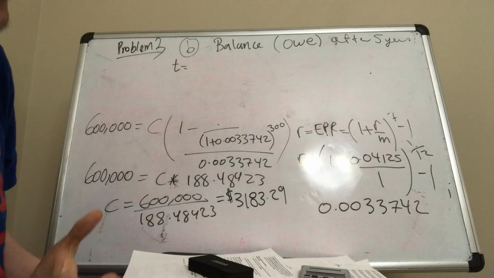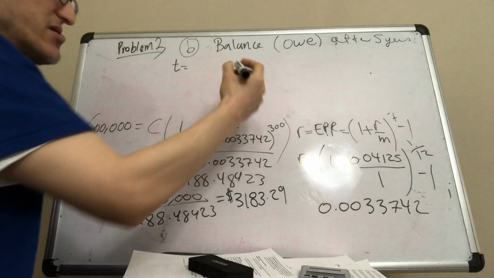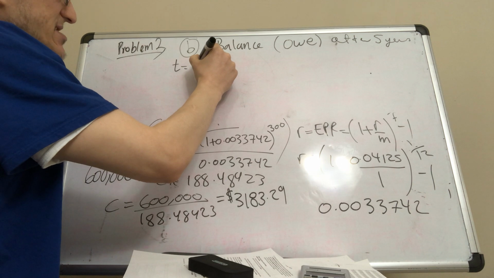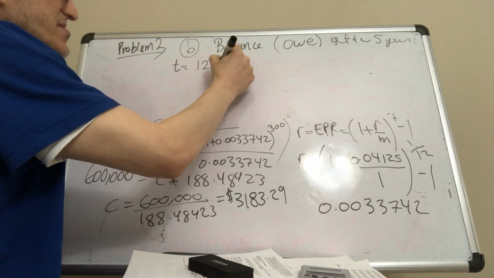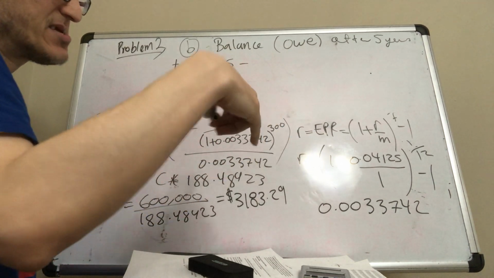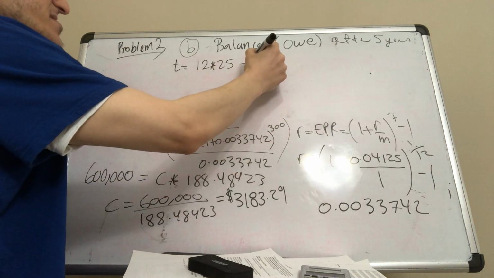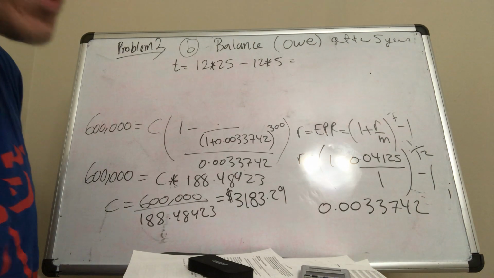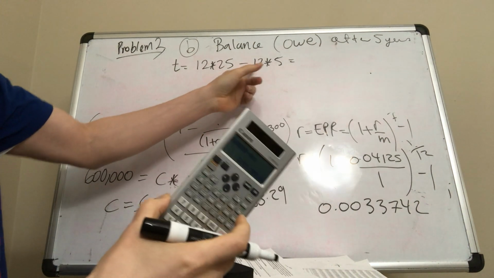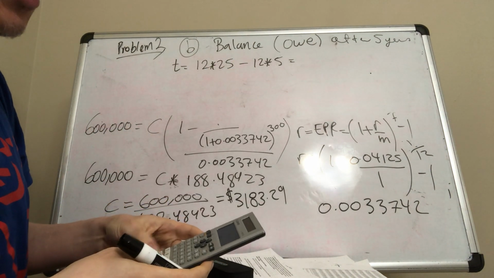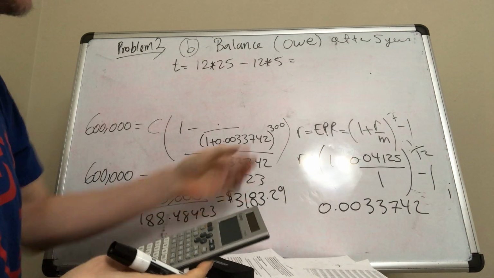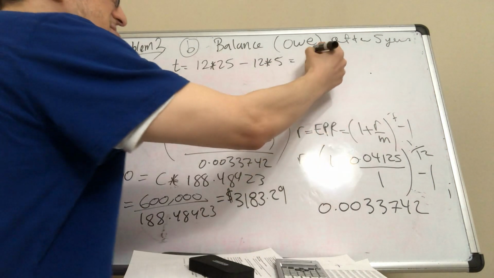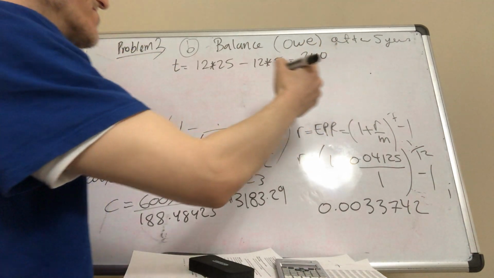Now remember T, the remaining number of payments. Altogether, we're making 12 payments a year for 25 years. In 5 years, we made 5 times 12 payments. So altogether there are 300 payments, minus 60, there are 240 payments left.